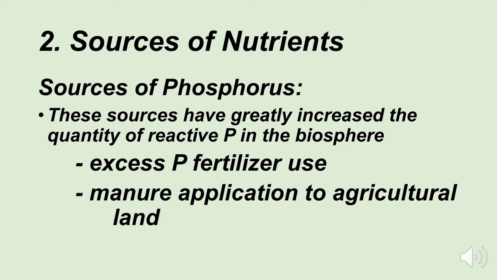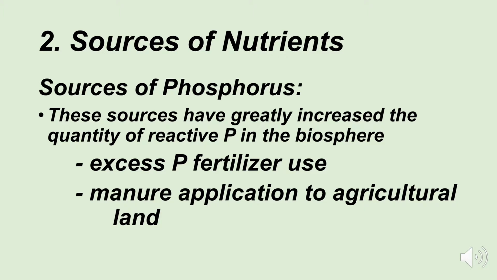Some of this is from excess phosphorus fertilizer use. Manure, animal waste contains quite a bit of phosphorus. We apply the manure to agricultural land, even in organic conditions, and if the phosphorus from the manure moves off the field, it enters the water body and causes problems in water quality.